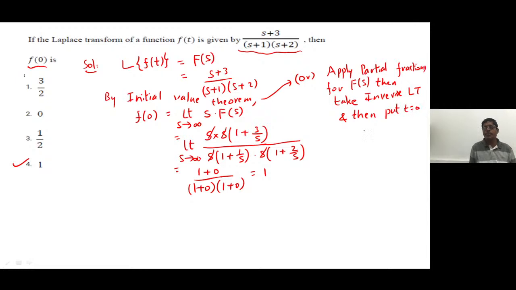This is the second method, the partial fractions method, when it is an algebraic function with numerator and denominator. Hope that understood and following.